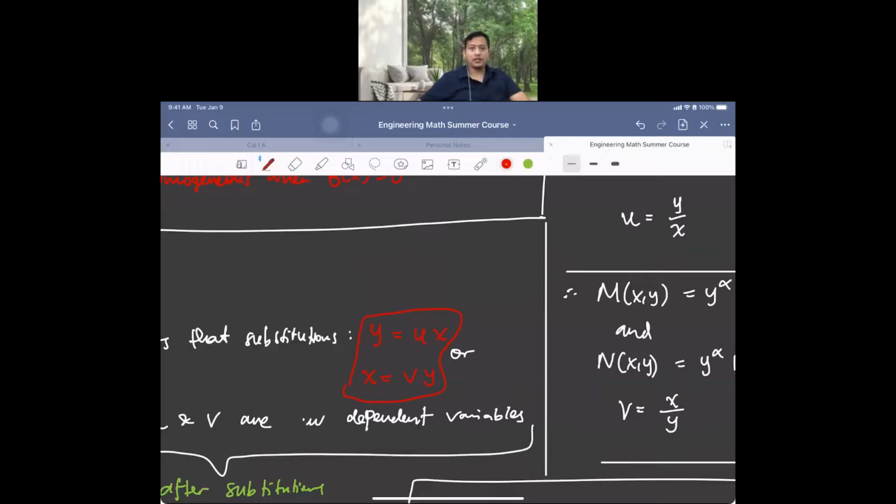And then after substituting, check whether your equation is separable or not. If it is separable, then you can solve the separable differential equation, find the solutions, and convert back to the original equations. If the solution still has u, then change u back into y and x.